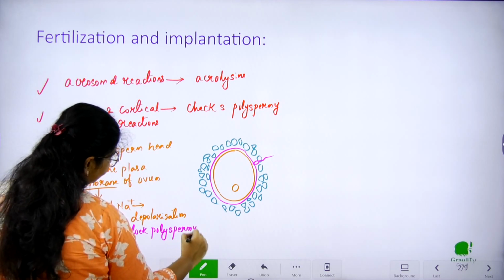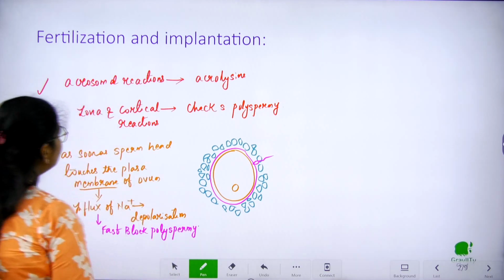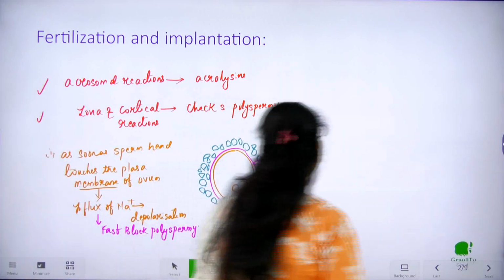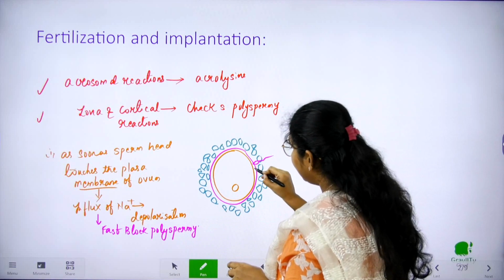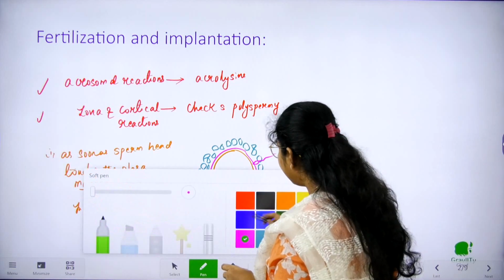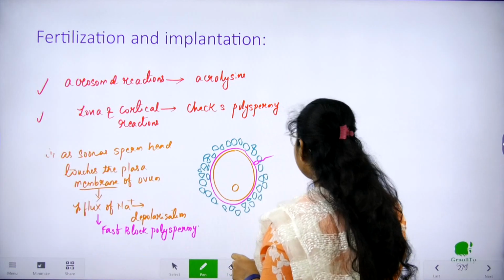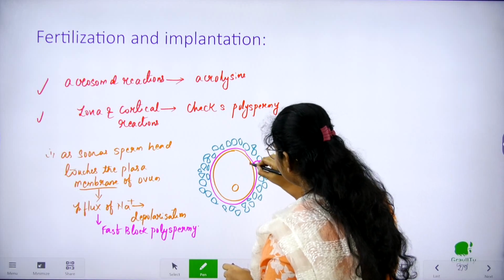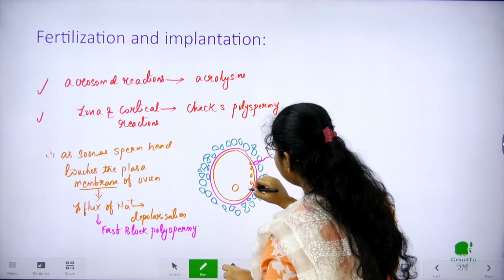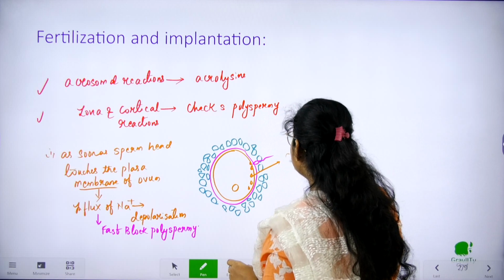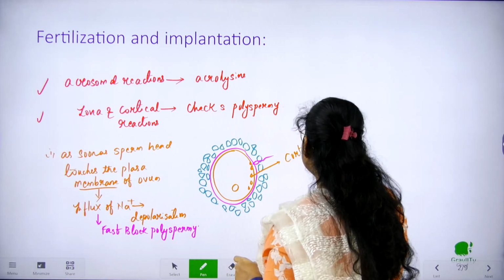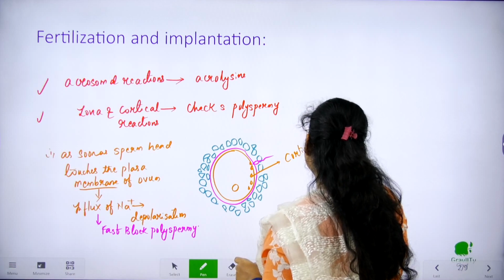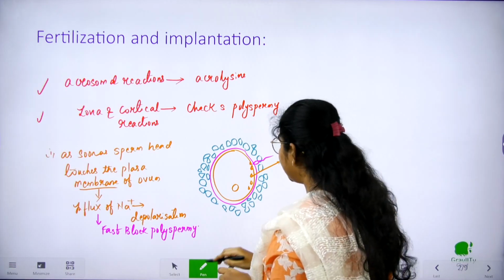Now, if you go to the zona and cortical reactions, after this happens, inside the ovum there are some granules, and we call them cortical granules. This is the second step, the slow block polyspermy.